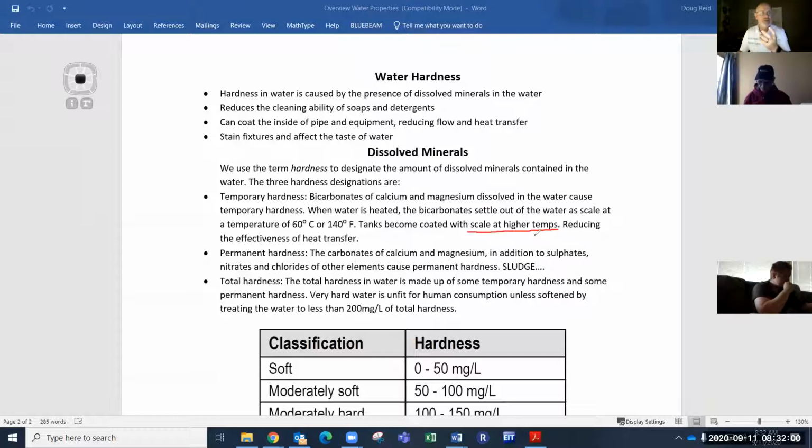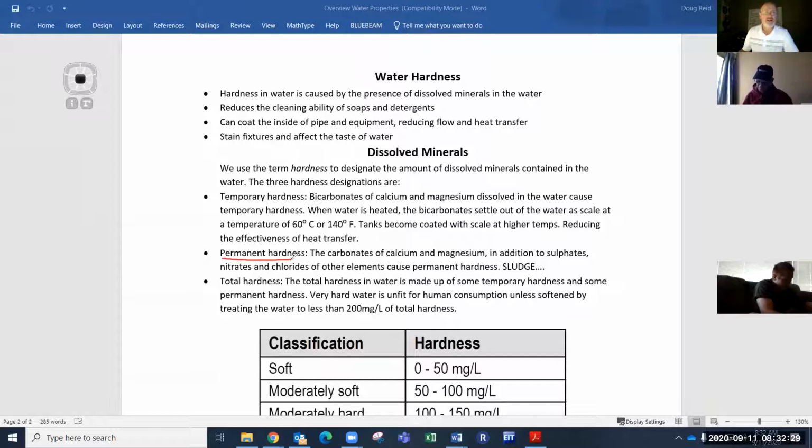The higher the temperature, the more temporary hardness comes out of the water and settles as scale. Sometimes it's a white kind of flaky bicarbonates of calcium and magnesium. You can see it on outlets of taps sometimes, on the aerators. That's exactly what that stuff is.